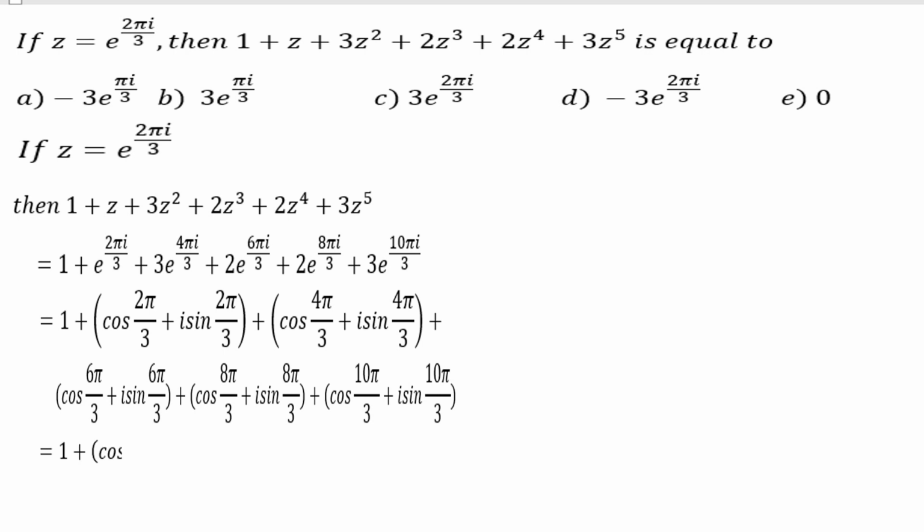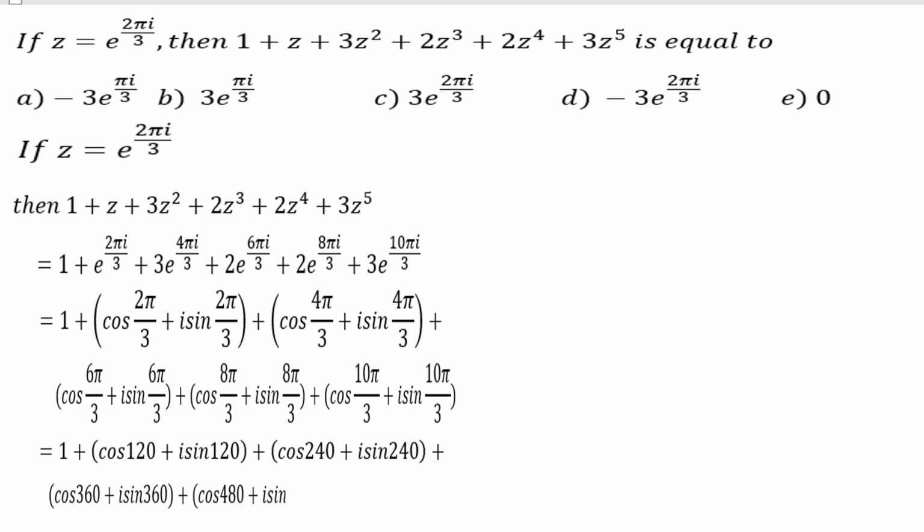By substituting the value of pi, we get 1 plus cos 120 plus i sin 120 plus cos 240 plus i sin 240 plus cos 360 plus i sin 360 plus cos 480 plus i sin 480, and the last term is cos 600 plus i sin 600.